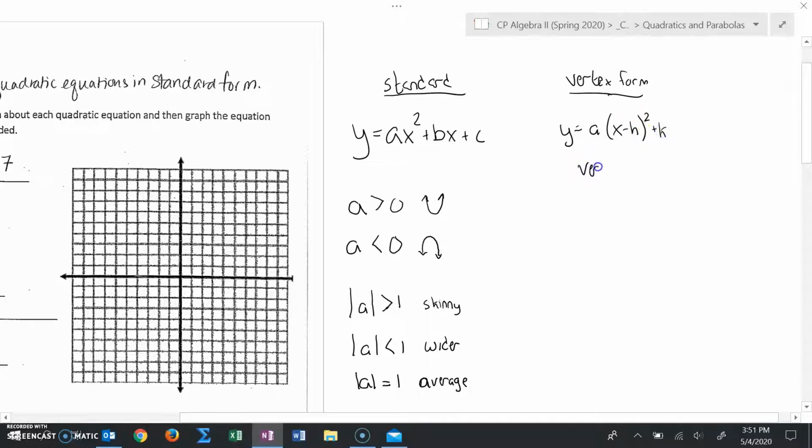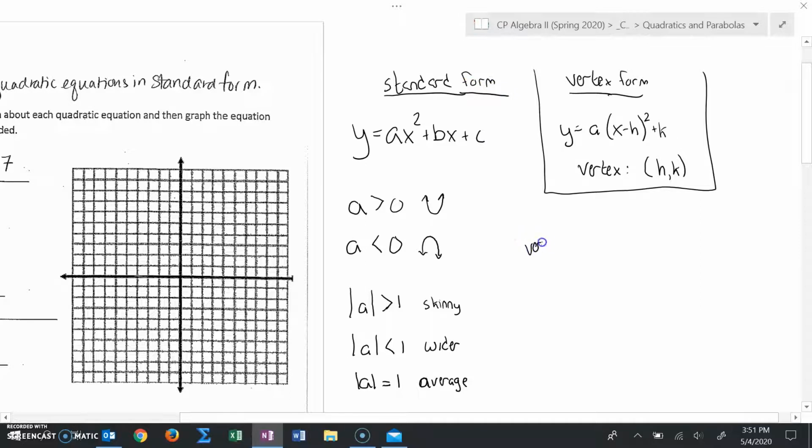And the vertex was easy to find just by looking at the equation. Your h and your k was your vertex. So that's what we had before. Now for standard form, we don't have the vertex sitting right there in front of the equation.